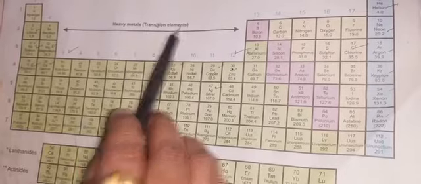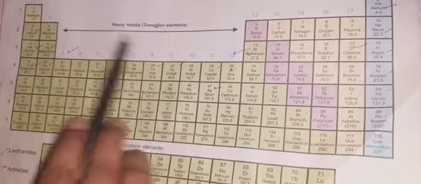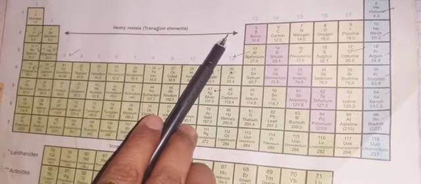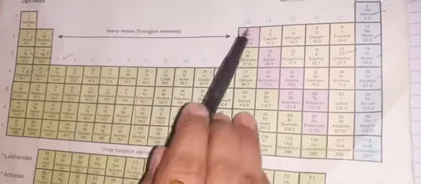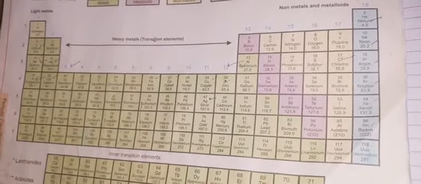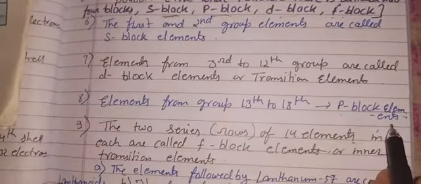You can see that these two are S elements, these are D block elements or transition metals. Elements from 13 to 18, from here to here, all the elements from group 13 to group 18 are called P block elements. Okay, you got it?